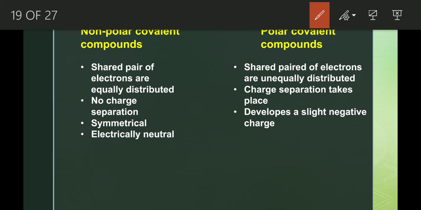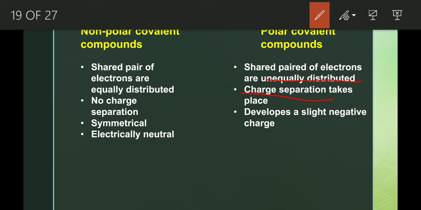The next type of covalent compound is the polar covalent compound. Here, the shared pair of electrons is unequally distributed. It is not equally distributed, and that's why charge separation occurs in this type of covalent compound.